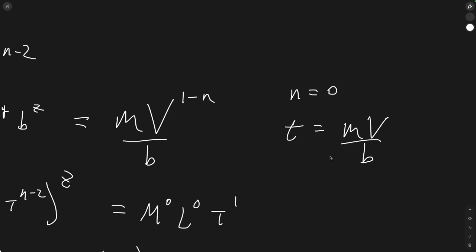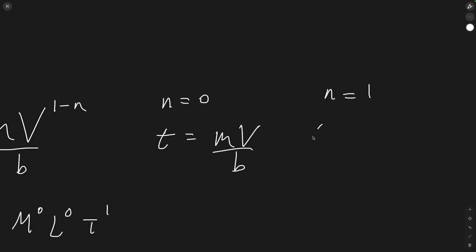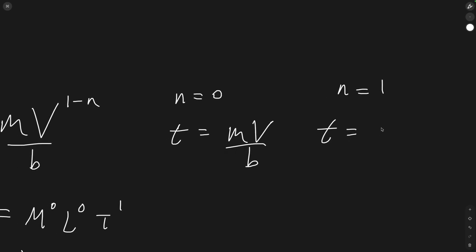That makes sense too. So far n equals 0 makes sense. I guess maybe n equals 1 doesn't make sense. This is 1 minus 1. That's 0. Okay. So yeah, that doesn't really make sense. It should really depend on the initial speed, shouldn't it? Let's keep going.